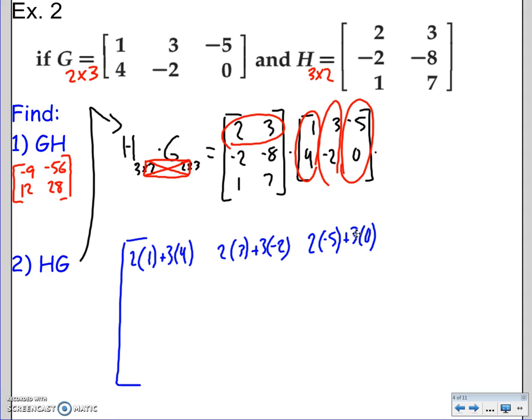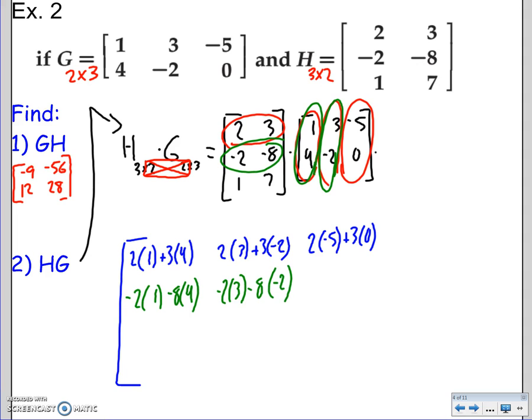So I finished the first row, onward to the next row. This row times the first column, so that's negative 2 times 1 minus 8 times 4. Right, next column, so that's negative 2 times 3 minus 8 times negative 2. In the last column, negative 2 times negative 5 minus 8 times 0.